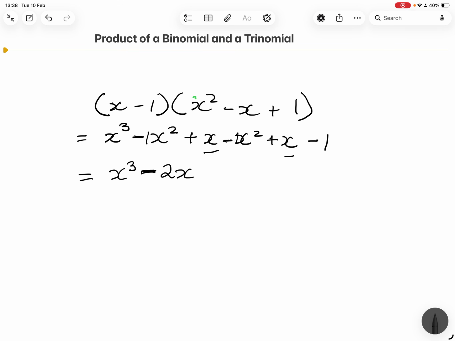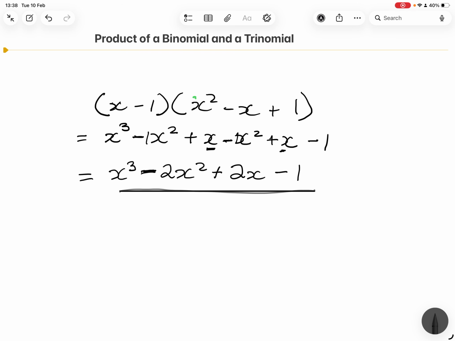The same is true with the x terms, so this is positive x plus positive x. We will keep the sign, and we are going to add the terms, so this is going to be 2x and minus 1. And of course, in this case, we've got a polynomial there. We cannot add any further, and so that becomes our product.